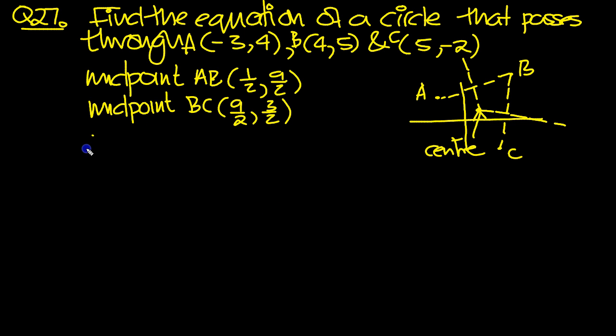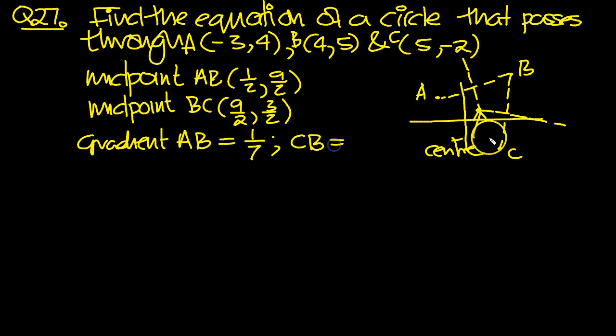Okay, gradient AB we need. A to B: the increase in y is 1, the increase in x is 7. And gradient C to B, this line here. The increase in y is -2 up to 5 is 7.